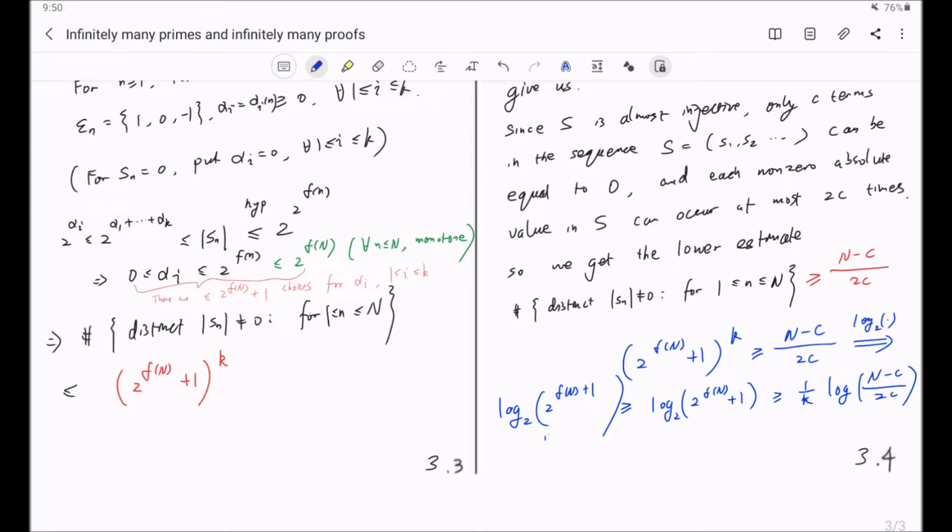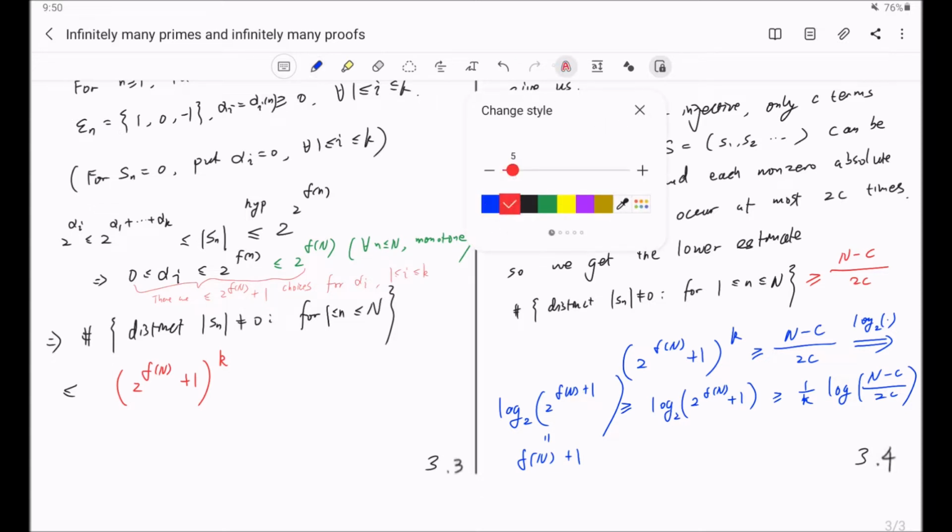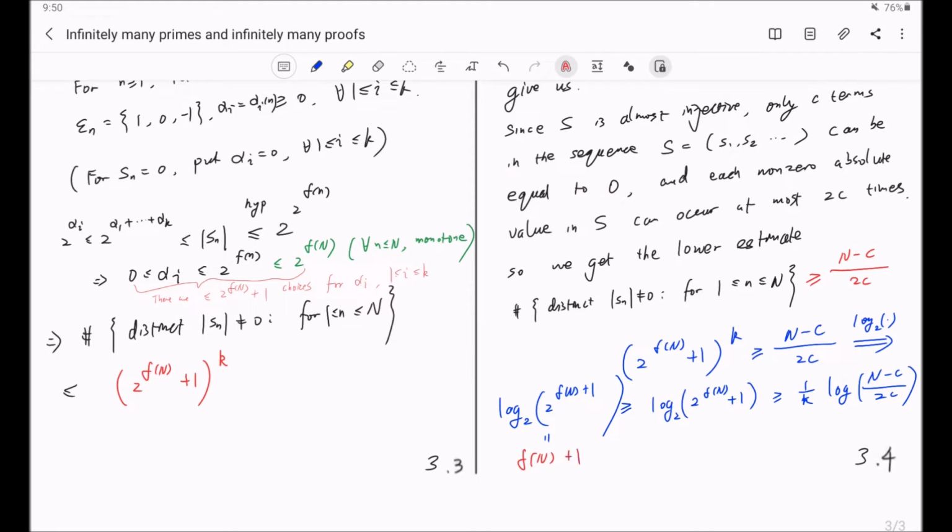And this is equal to just f of n plus 1. So now you get this guy is bigger or equal to this for any n large.